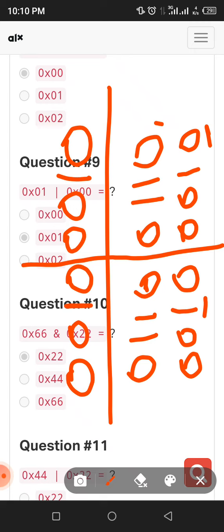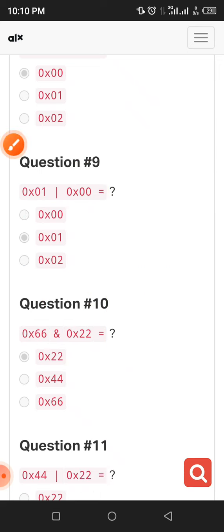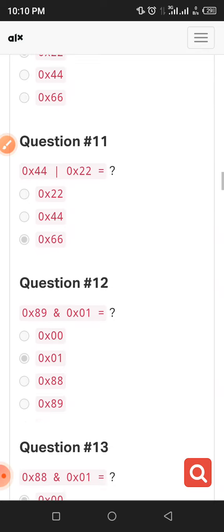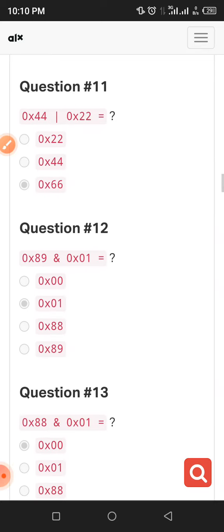Remember, this is 2. 0, 0, 1, 0 stands for another 2, which is this 2 we have here. So the answer is still 2, 2. That's the correct answer, which we have here, 2, 2. So question number 11, we have 4, 4 and 2, 2. So let's check that out.